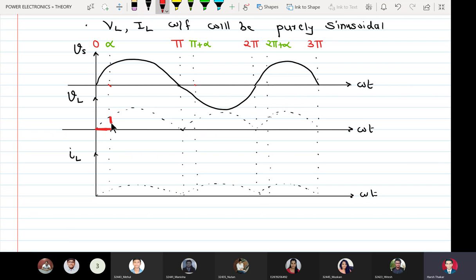Zero to alpha nothing. Again nothing from pi to pi plus alpha. Nothing from 2 pi to 2 pi plus alpha. Here same nature, scaled down version.